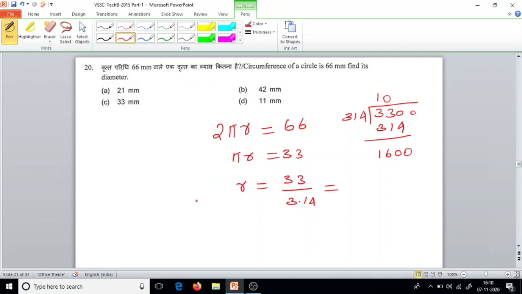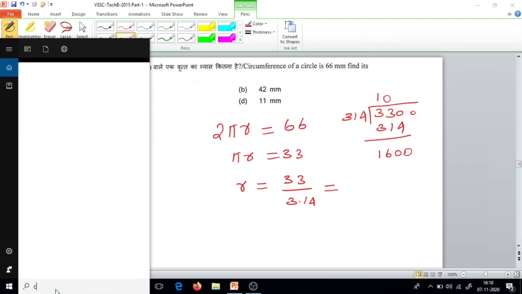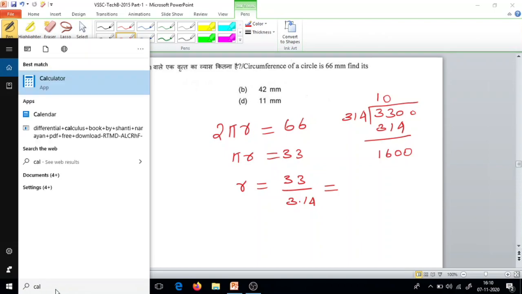I will try and take the calculator. So where is the calculator? But you can't use a calculator.